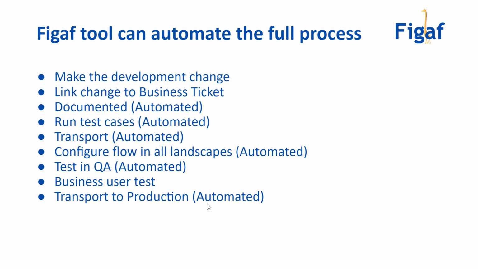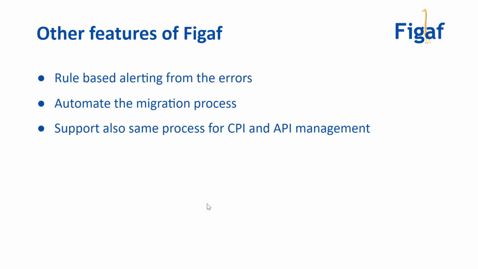So some of the other features that we have is rule-based alerting. So that means that you're receiving these alerts that are coming up because of a PI error. You can then set up rules about who should act on this. A lot of the time you're seeing that it's master data, and you just need to inform the business user that this purchase order has been created without some specific master data, and they can then go and fix it without having to involve the PI department in it.